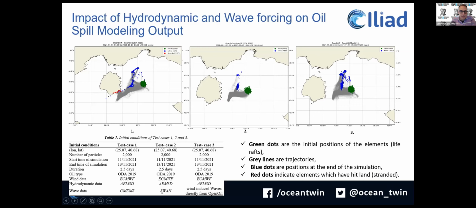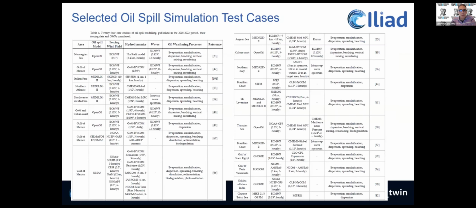They are coming from Copernicus, from SWAN, or from wind-induced waves directly from OpenOil. So we have 3 different outputs, 3 different results, and this shows that we have to be very careful when we are considering the forcing functions in the operational oil spill models.